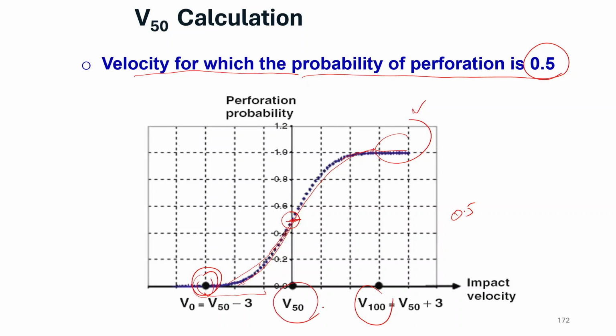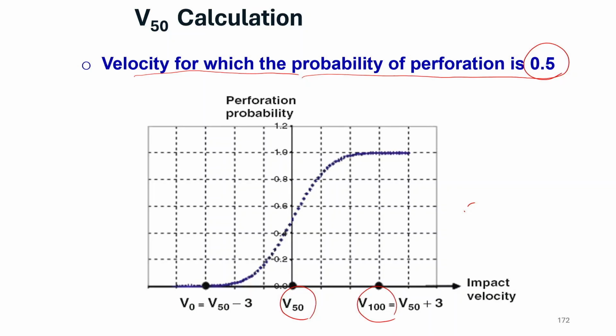From this plot we can tell that V0 means the probability of penetration at this speed will be 0, and V100 means the probability of penetration at this velocity will be 100%, and V50 means there is a 50% chance it will get penetrated, and there may not be penetration.